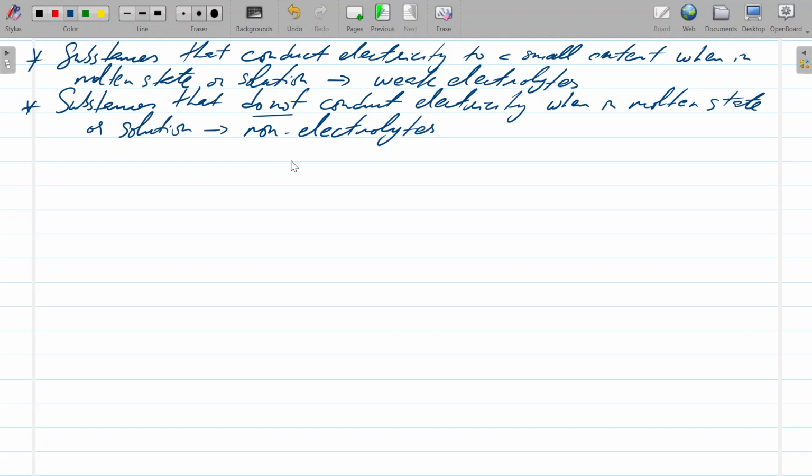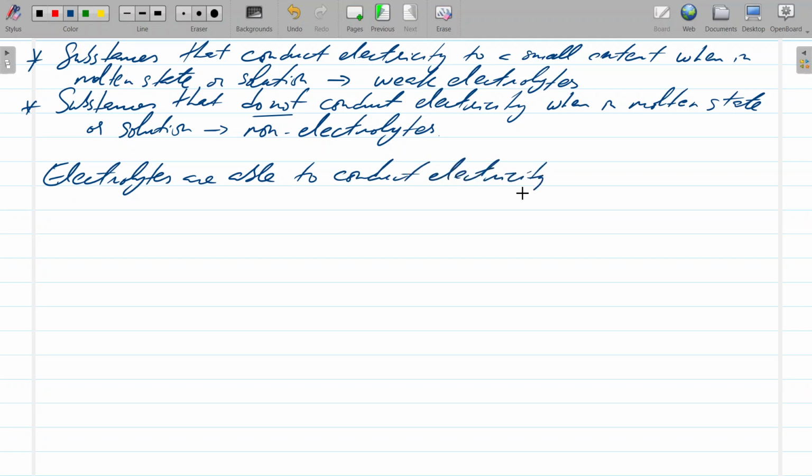The reason that electrolytes are able to conduct electricity is that when they are molten or in solution, the ions are free to move.